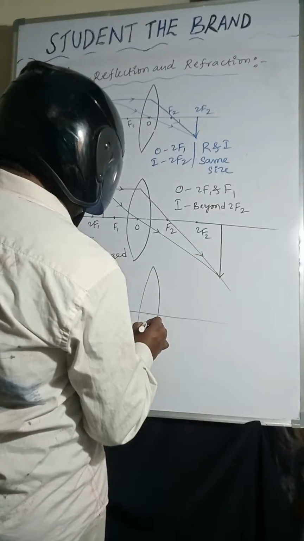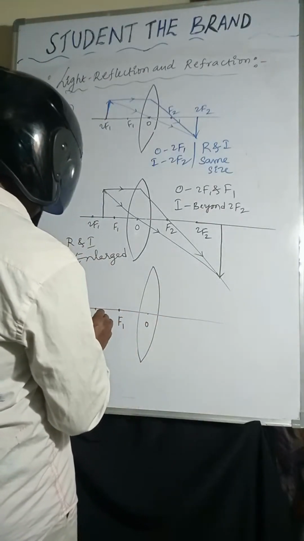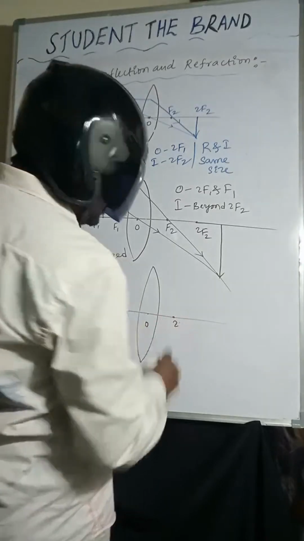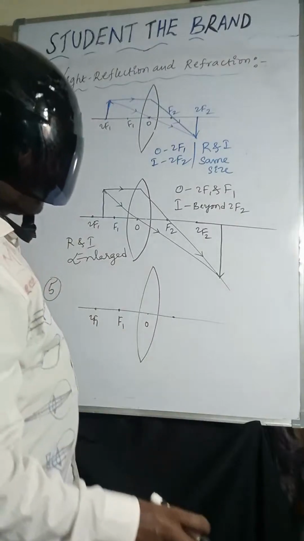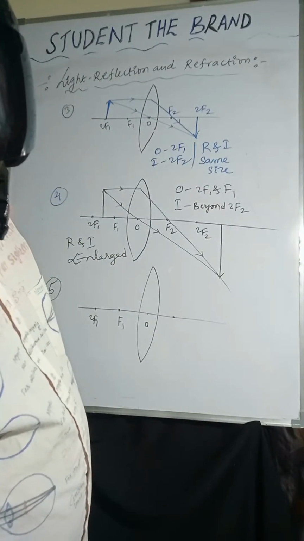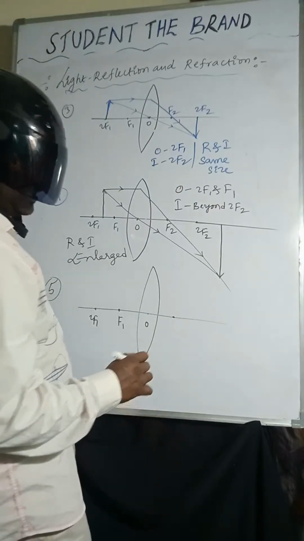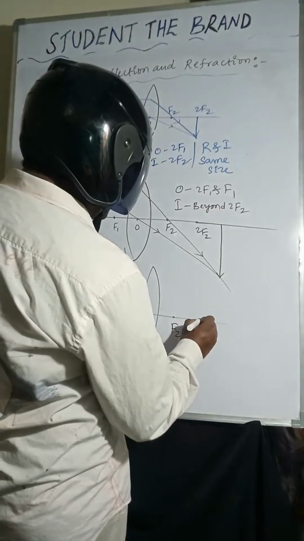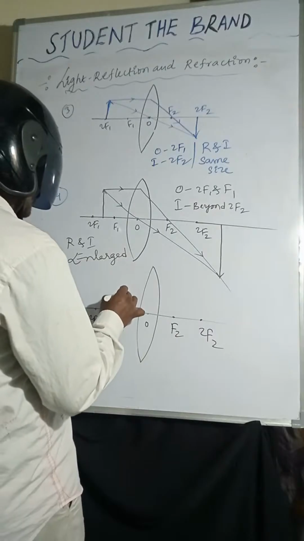Coming to the fifth one. Optic center, F1, 2F1, F2, 2F2. Object is placed at F1.